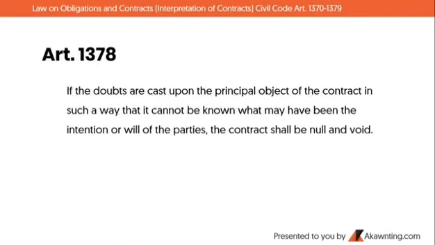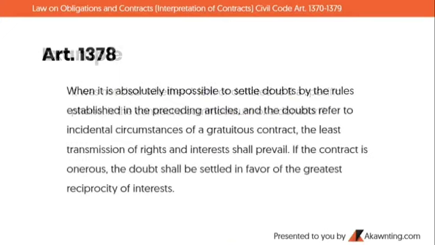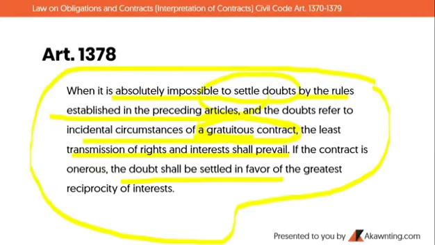Okay, so ayan. Nahiwalay natin yung example nung onerous contract. So, kapag gratuitous daw, okay, ang magiging interpretation natin is to the contract that has the least transmission of rights and interest. However, if we are dealing with onerous contract, so siguro malamang alam nyo na ang pagkakaiba ng onerous and gratuitous contract.